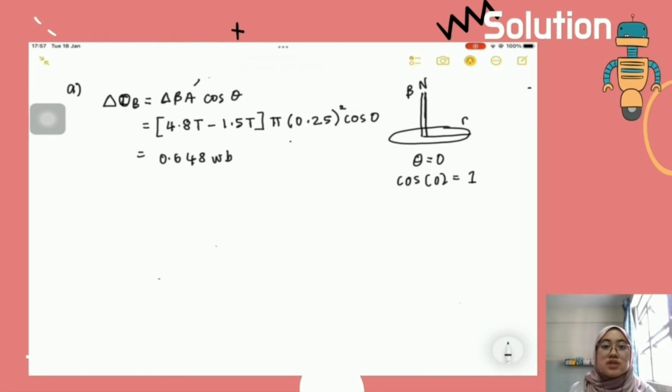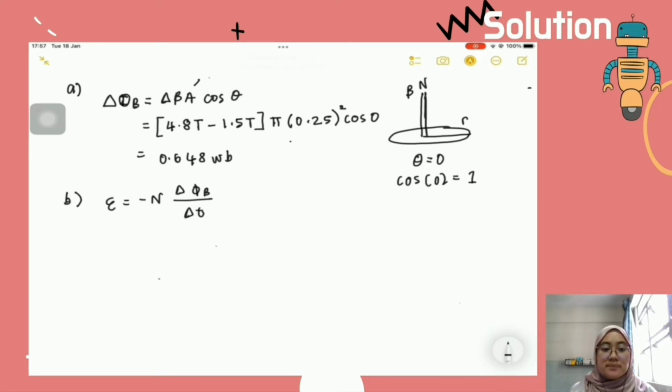Moving on to the second part, part B, to find the induced EMF. To calculate, we can use this formula: negative N times the change in flux divided by the change in time. The number of loops is 1 and it is a circular loop.